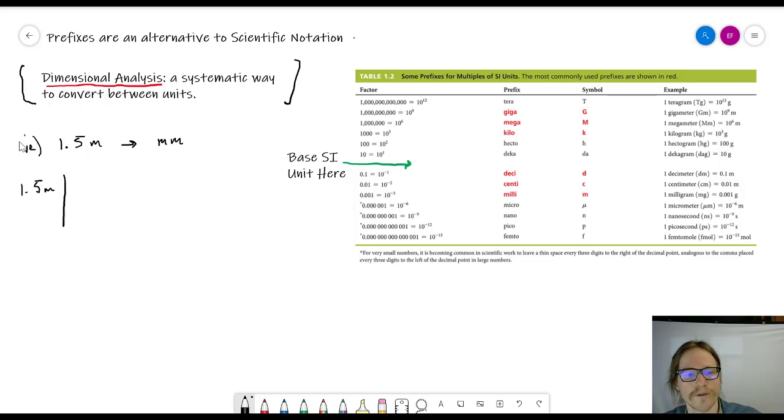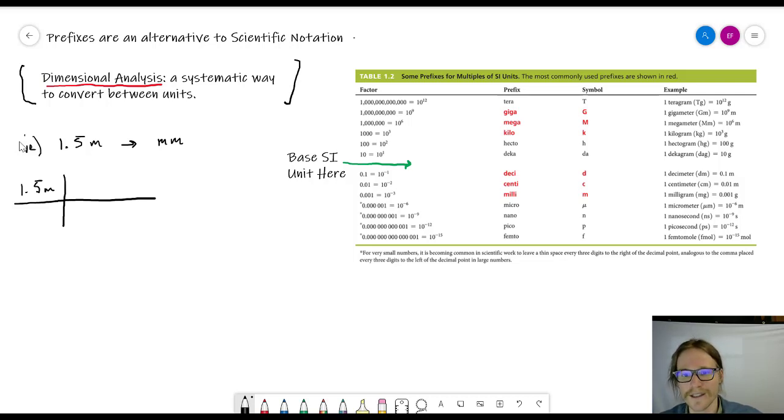That vertical line is going to represent a multiplication operation, and then we're going to write a horizontal line that's going to represent division. So I have my original value of 1.5 meters, and now I need in this space some unit conversion factor, which I can borrow from this table.